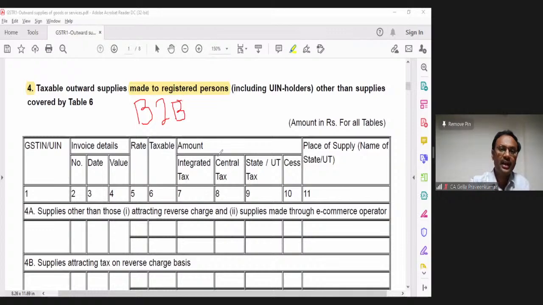Now, sir, how do I know that it is a B2B supply? This is the reason I would draw your attention to your management information system and audit paper, the ISCA paper, information system audit. There's one paper in your Group 2 that is relevant for you to understand.